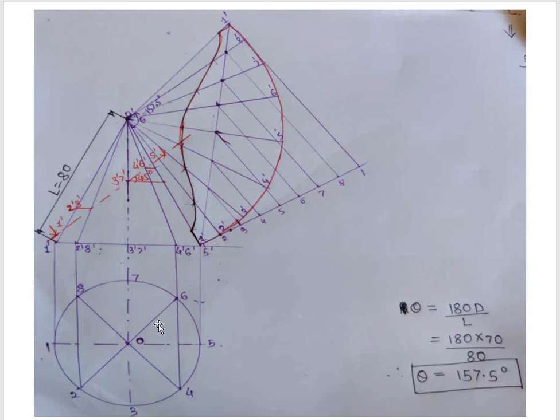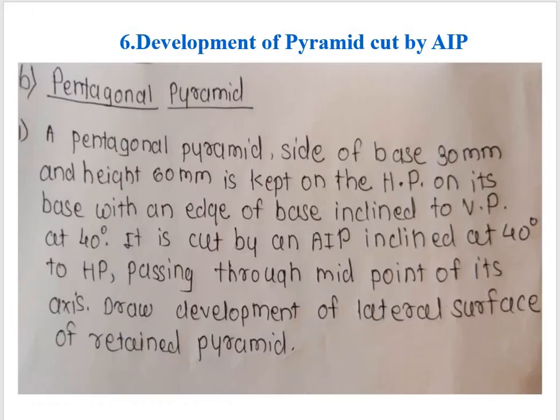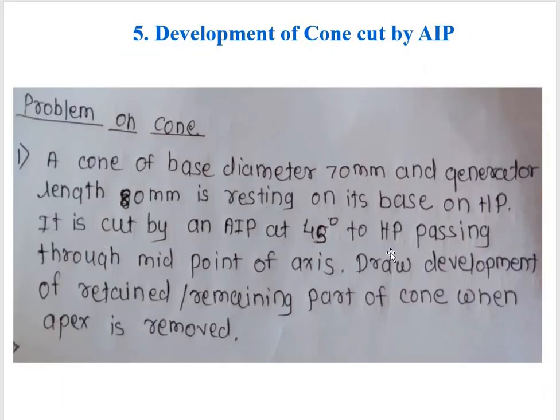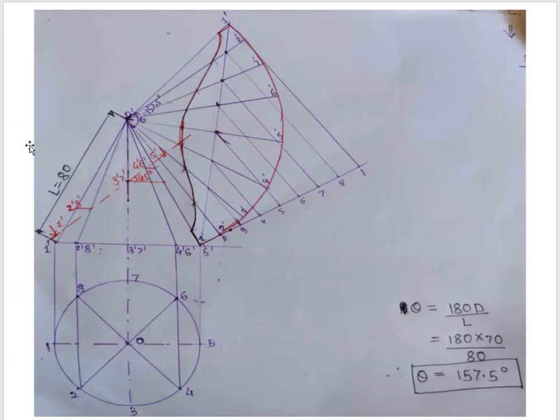After that, read again what the procedure is. What is the AIP angle? The AIP angle is 45 degrees to HP and passing through the midpoint. They have given the location as the midpoint. So this is 80 mm, 40 mm, up to 40 mm is the midpoint, and 45 degrees is the AIP angle.